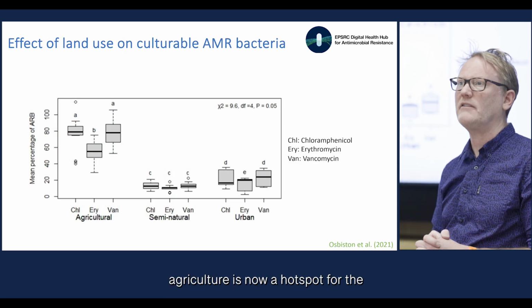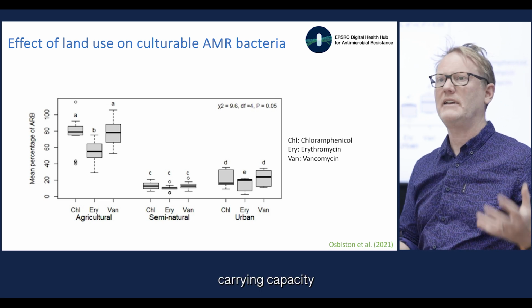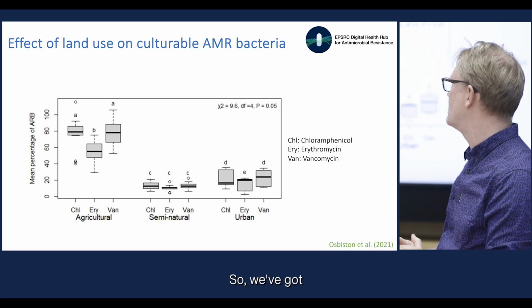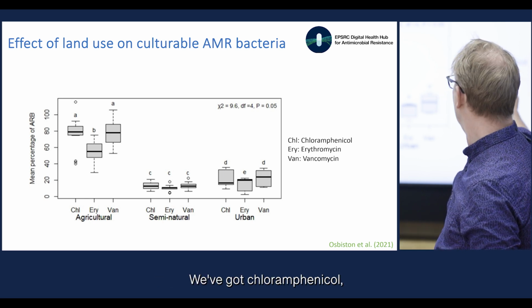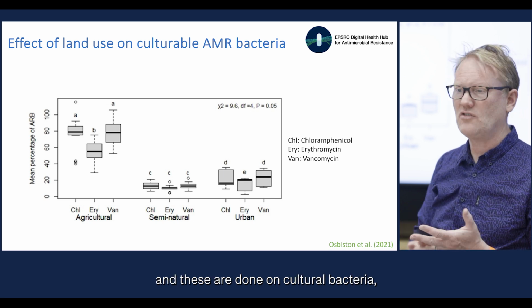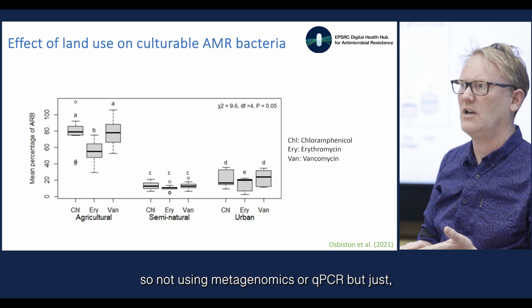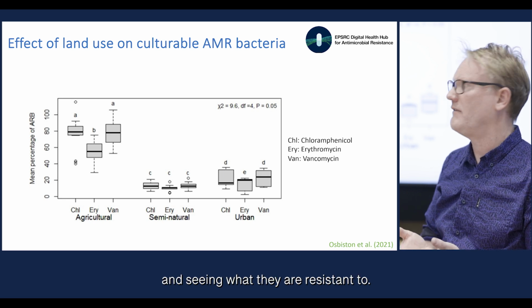And we can see that agriculture is now a hotspot for the carrying capacity of antimicrobial resistance genes. So we've got 3 antimicrobial categories here. We've got chloramphenicol, erythromycin and vancomycin, and these are done on culturable bacteria, so not using metagenomics or qPCR, but just literally plating out soil organisms and seeing what they're resistant to.